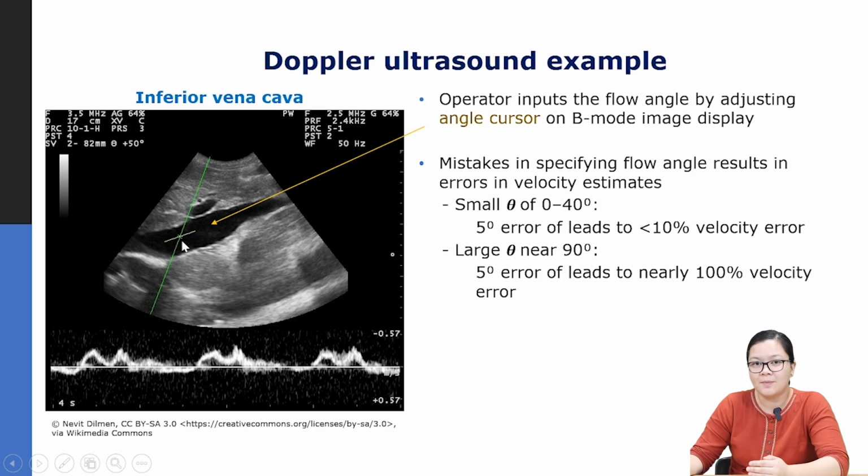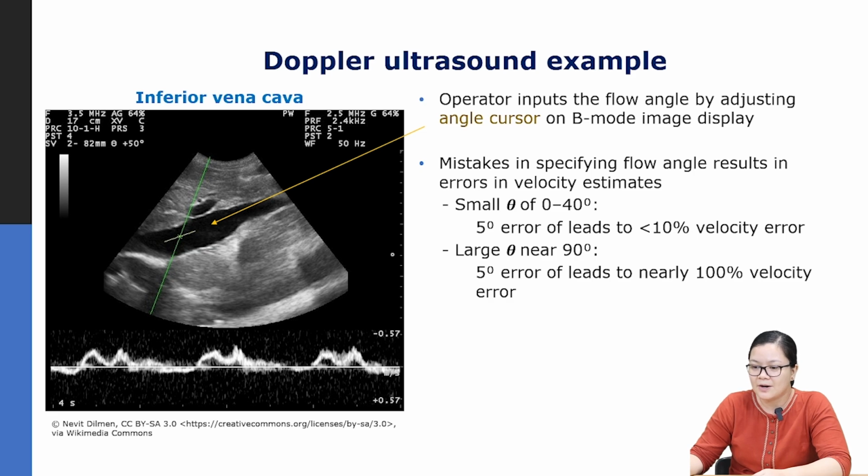Typically, the operator inputs the flow angle by arranging this angle cursor parallel to the direction of the vessel. This is used to compute the correct angle, so that you can get a more accurate Doppler frequency shift.